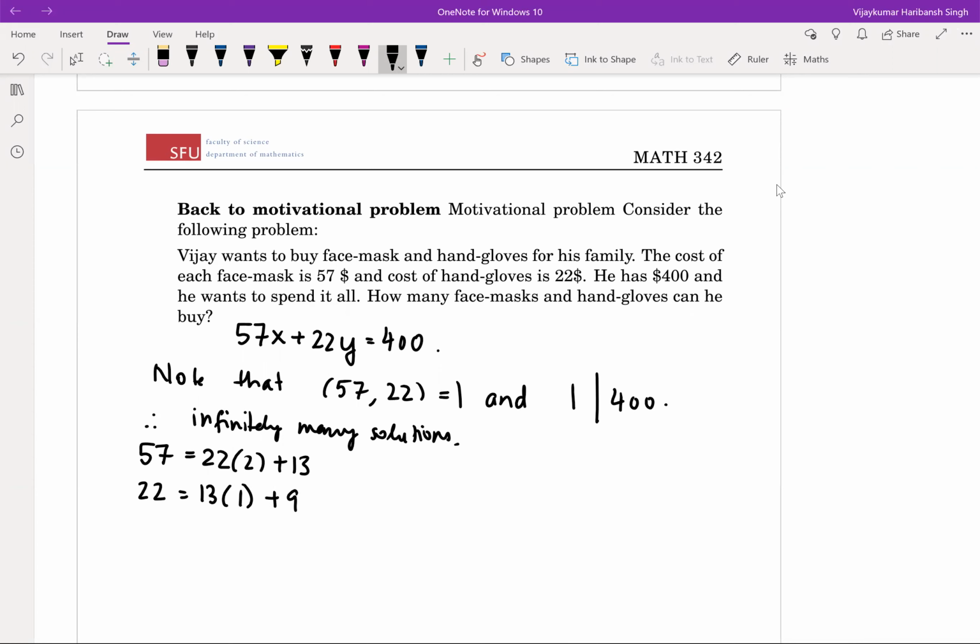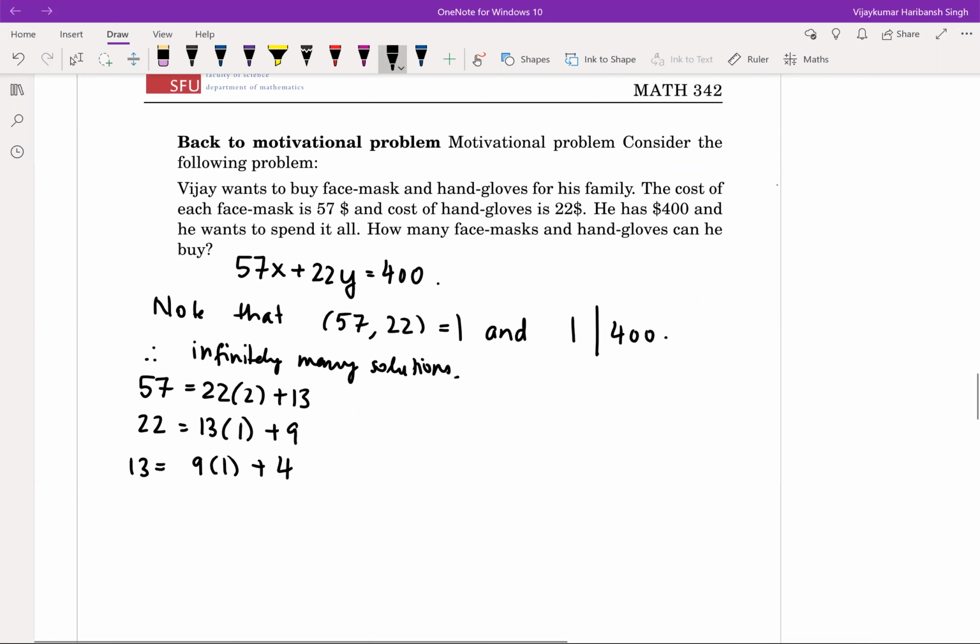Then I get 13 equals 9 times 1 plus 4. And then we get 9 equals 4 times 2 plus 1. And then finally we get 4 equals 4 times 1 plus 0.